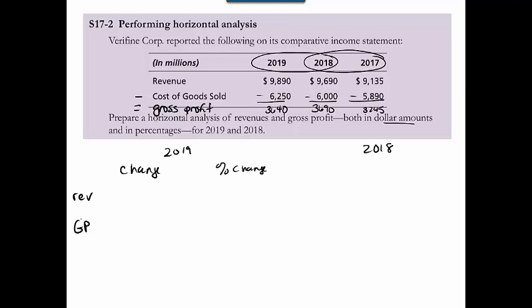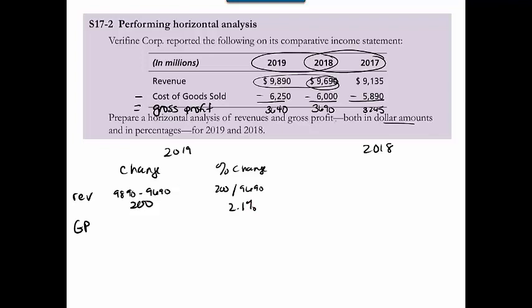So for the change in revenue for 2019, I'm comparing these two numbers right here. So I would take 9890 minus 9690, and so I get $200. And then they want that as a percentage as well. So I take that $200 divided by my starting point, which is the 9690, and that gives me a 2.1% increase.